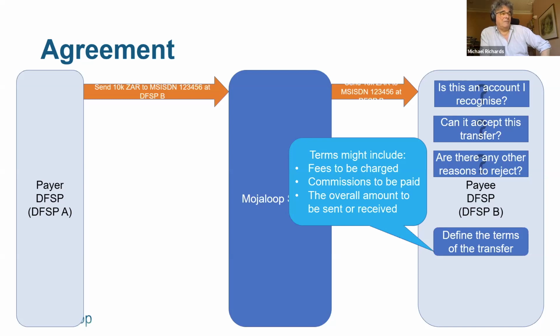Alternatively, I might say, well, I only want to send 10,000 Rand. Please take it out of the other end, in which case the payee would only receive 9,700 Rand. Now, Mojaloop schemes don't have to support that.